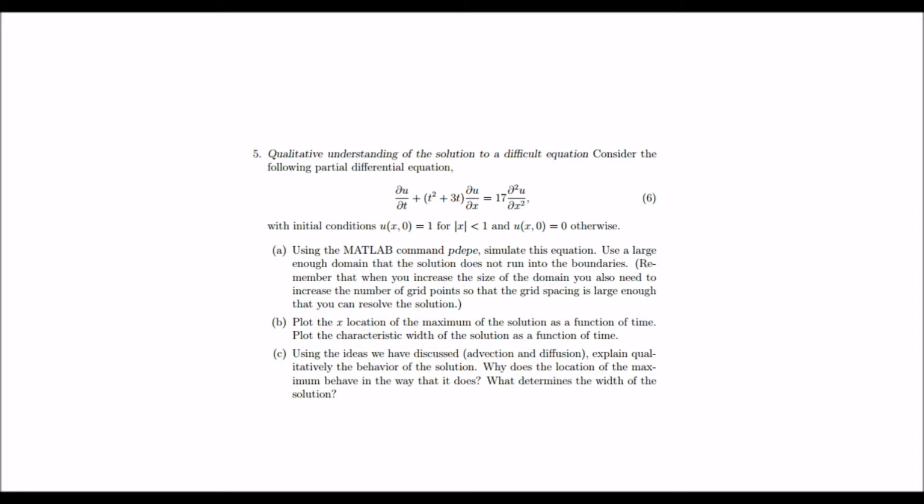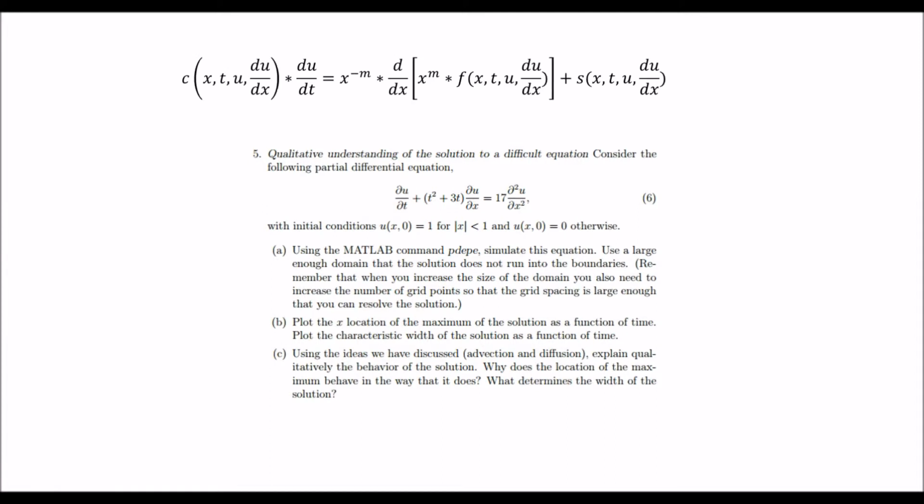So I'm going to be working through problem 5 from PSET 8, I believe. This is asking us to understand the equation du over dt plus t squared plus 3t du dx equals 17 times the second derivative of u with respect to x.